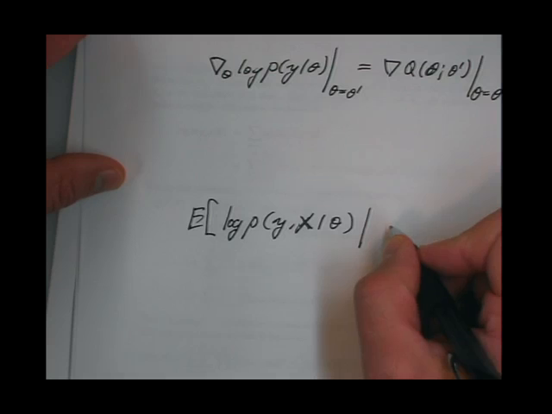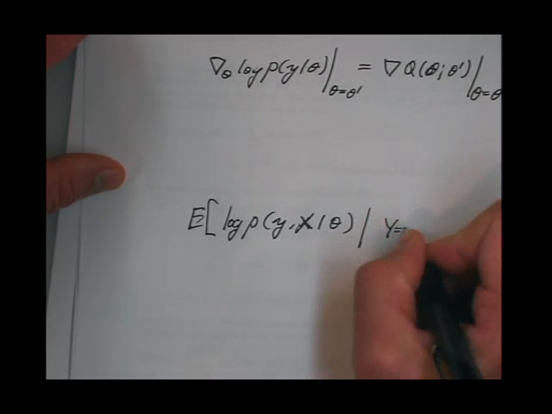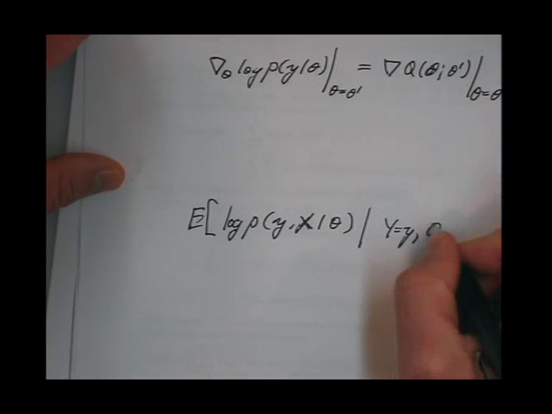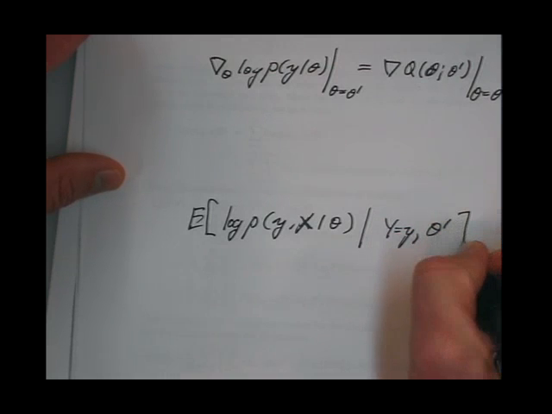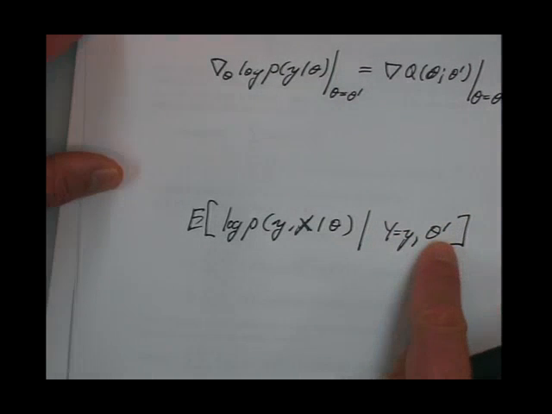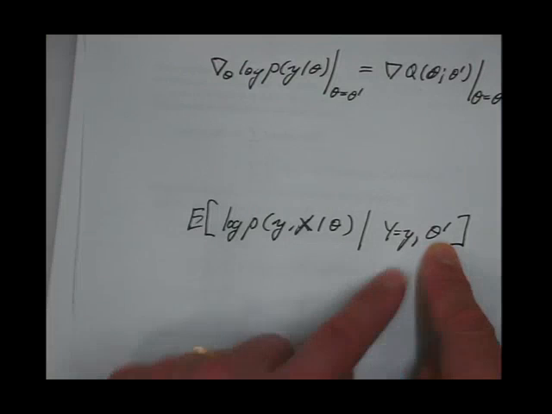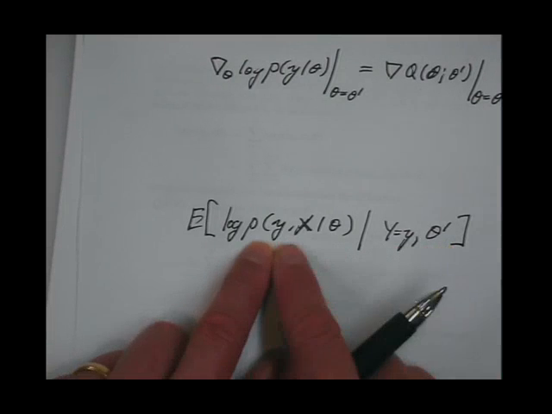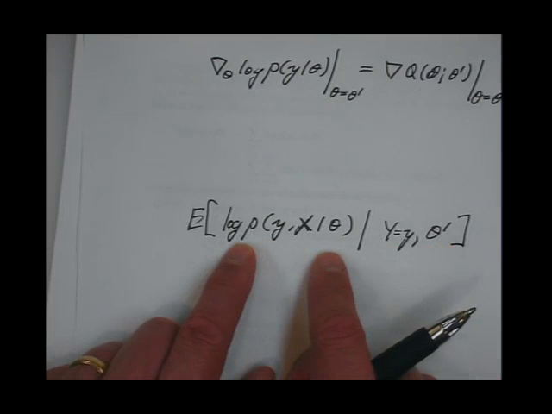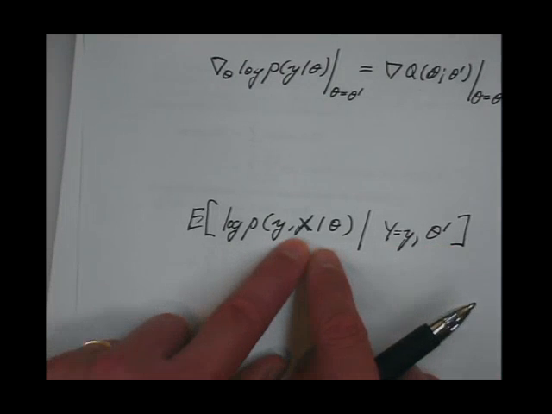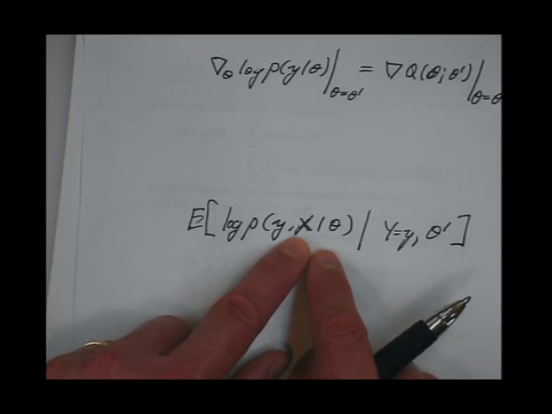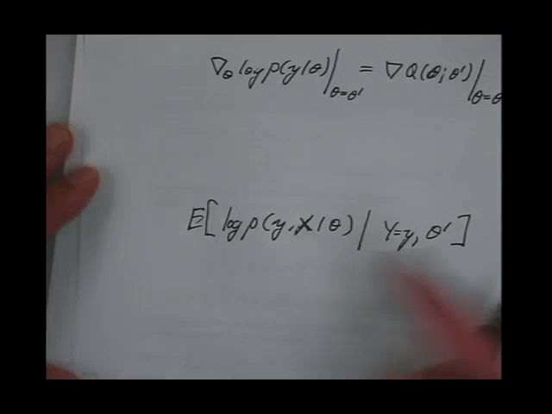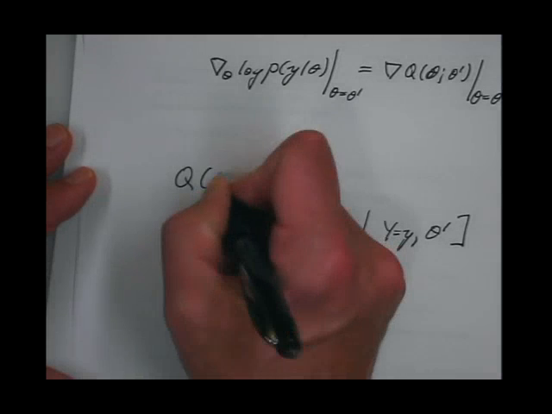Well, conditioned on y, but also conditioned on some initial assumed value of theta. So we start with some value of theta, we use that to compute the conditional distribution of x, and then we take the expectation of the log likelihood to get rid of x in the log likelihood. So this is the definition of the Q function.